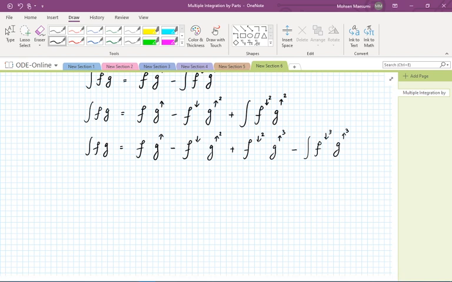Okay, now let's see. So now you try. What would be the next formula for this if I want to go one more round? So we are going to hit 4. So again, I'm going to pause, and I expect you to write the whole thing based on a pattern that you see. The pattern is very easy. The signs are flip-flopping.